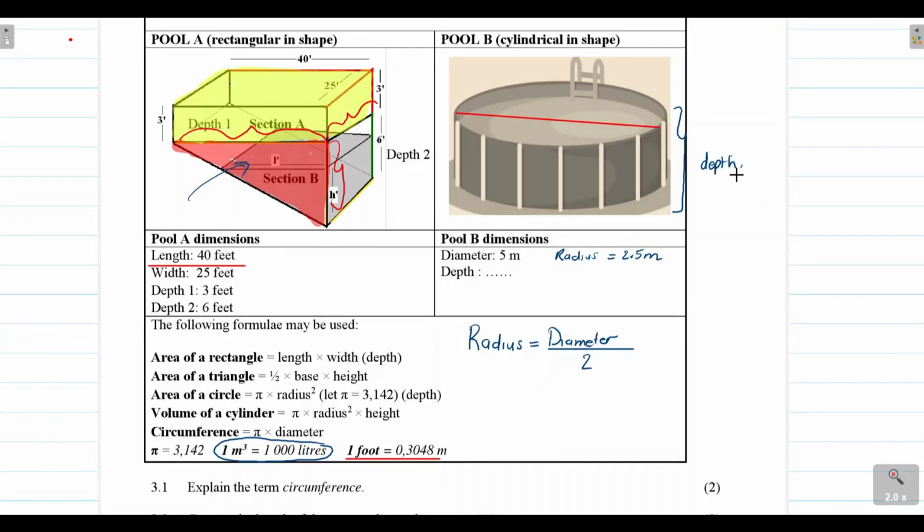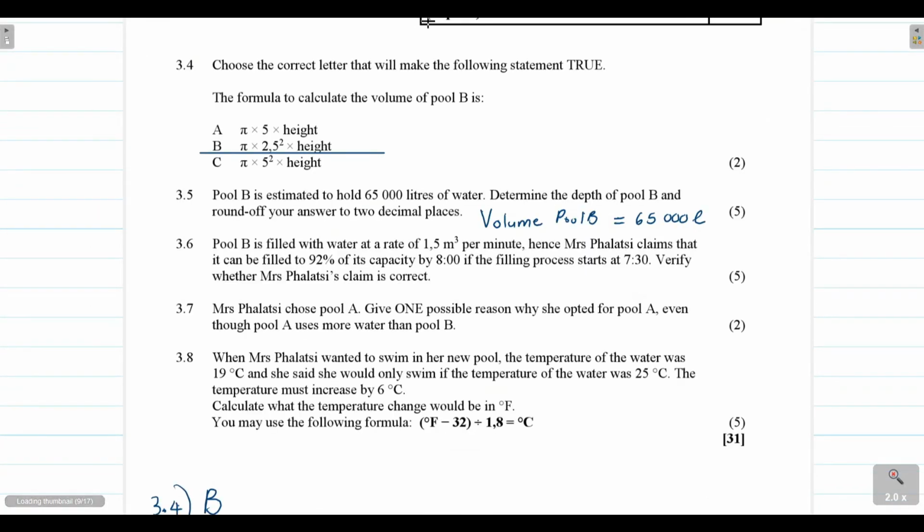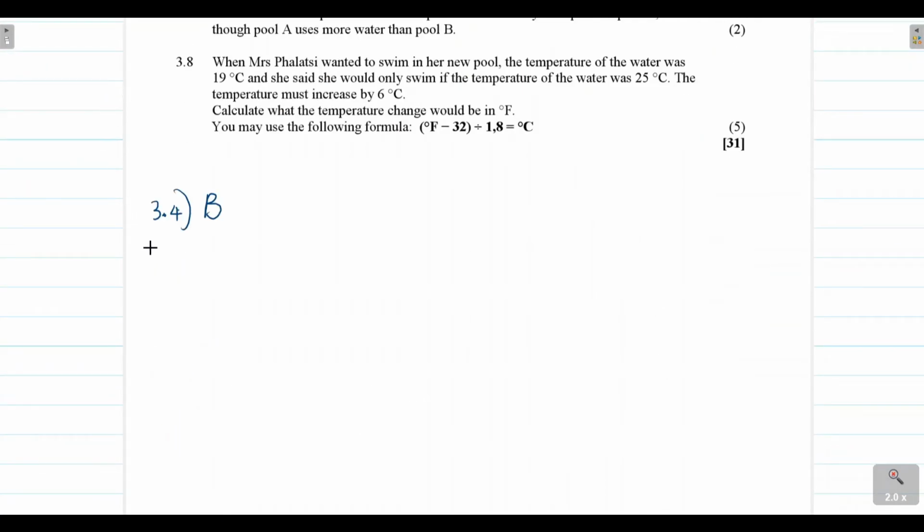So how would we go about calculating the depth of our pool B? We need to start off with the formula for calculating the volume of pool B. In this case, it's already easy because we already know what the formula is.